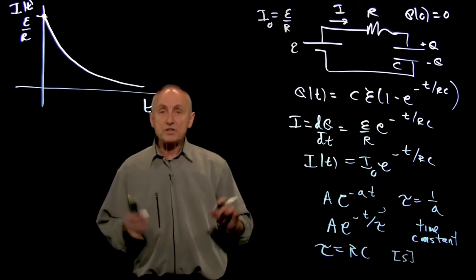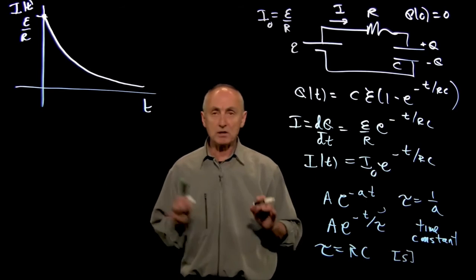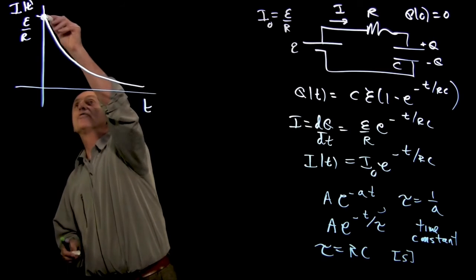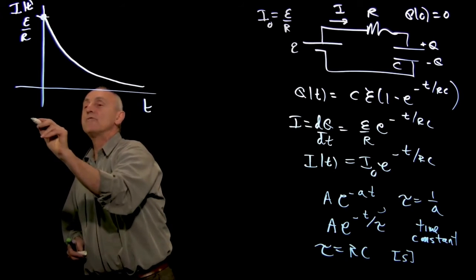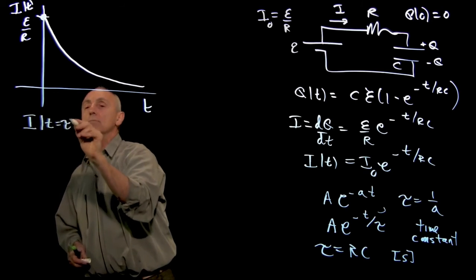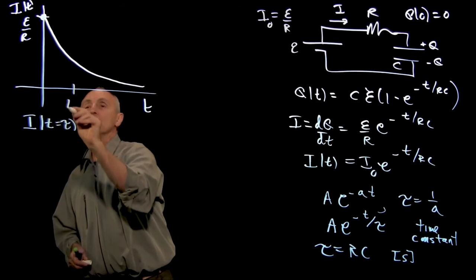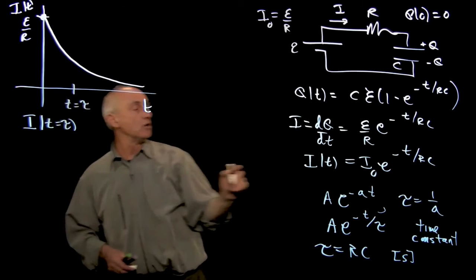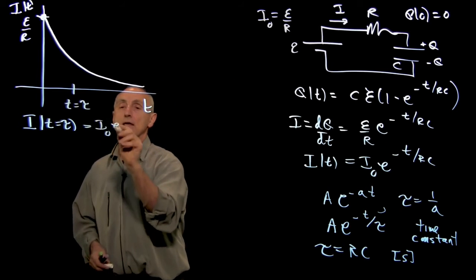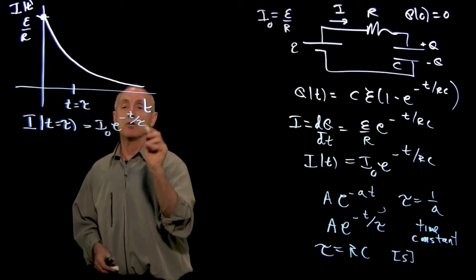Now, what does a time constant mean? Well, let's look at first at t equals 0. So if we look at our current I, one time constant later, t equals tau. So I'm going to write my current as I naught e to the minus t over tau.